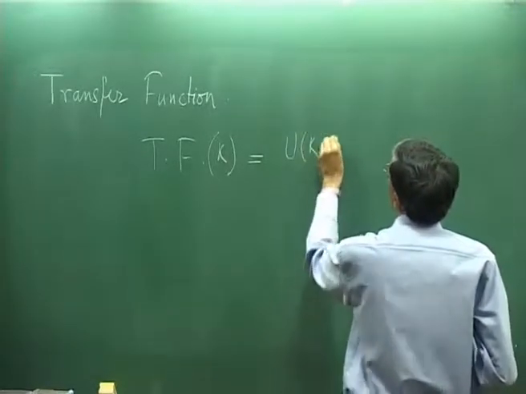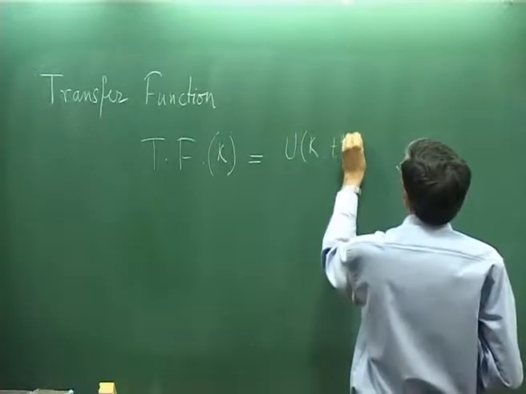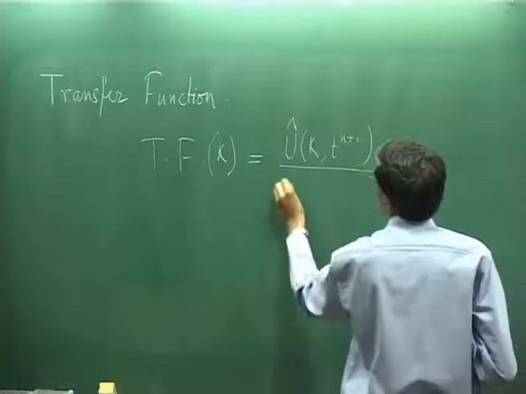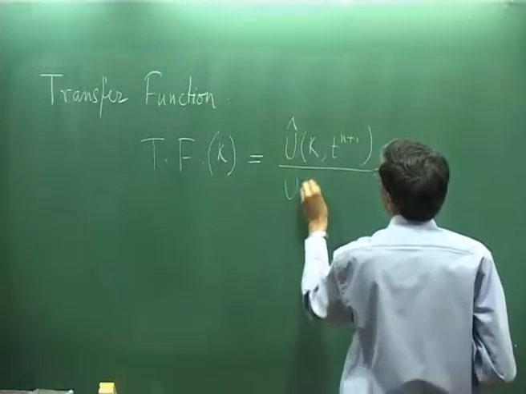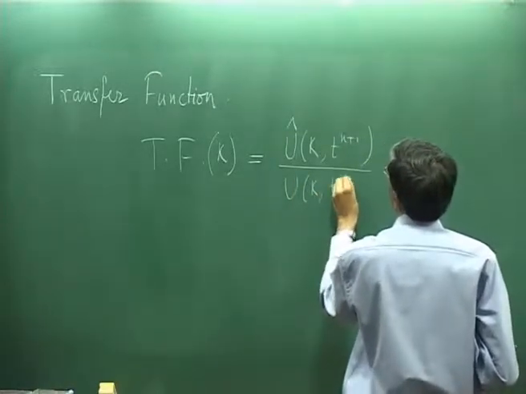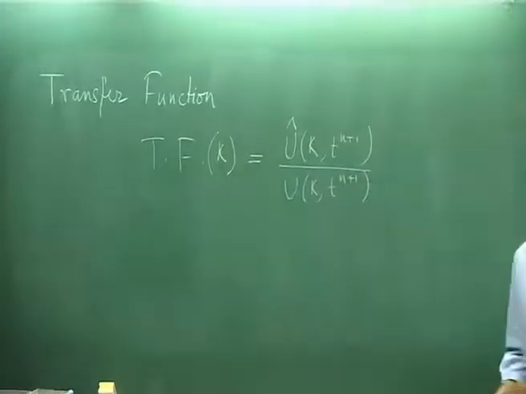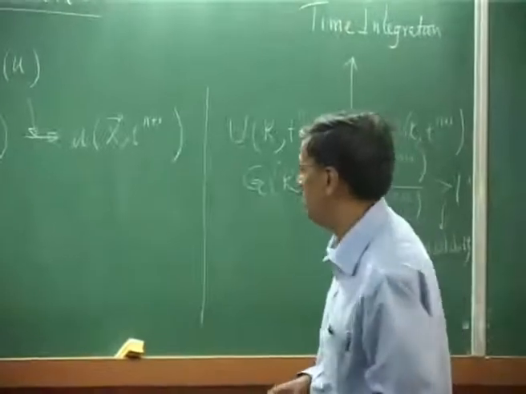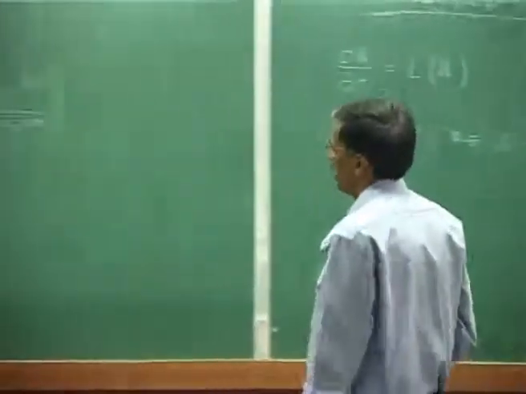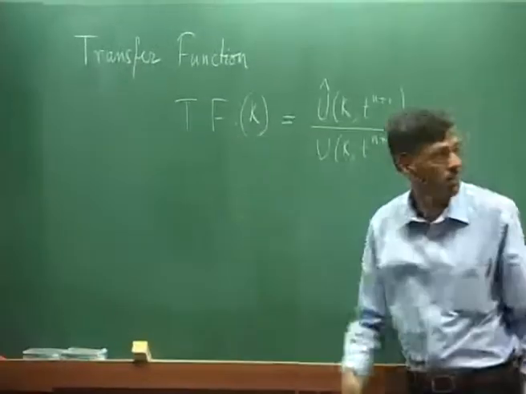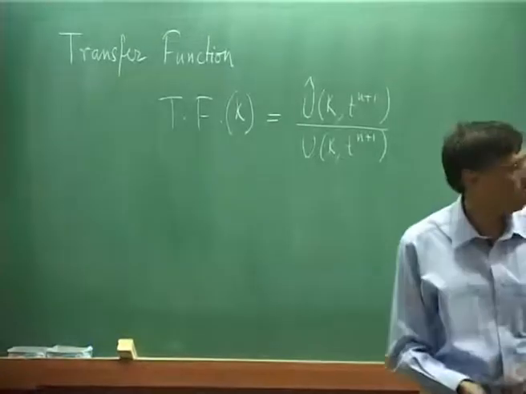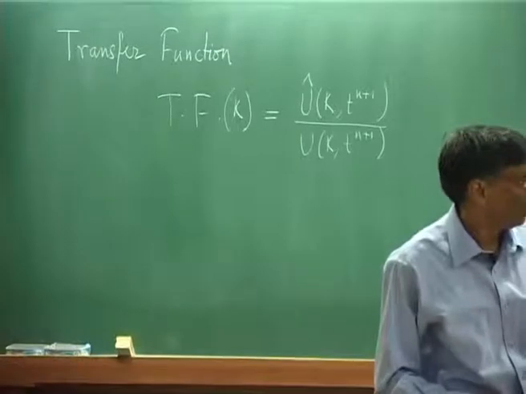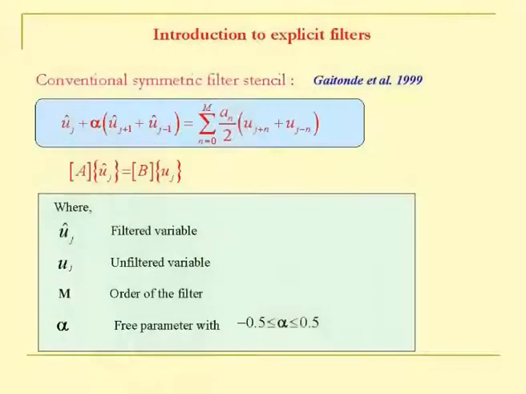So, I will call this the transfer function. Basically we are using an auxiliary function, which we call the transfer function, and we have noted how that comes about as this implicit equation.